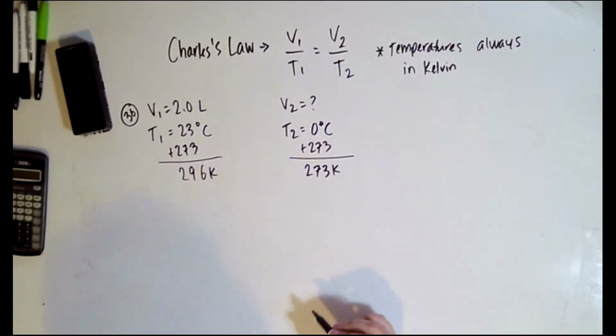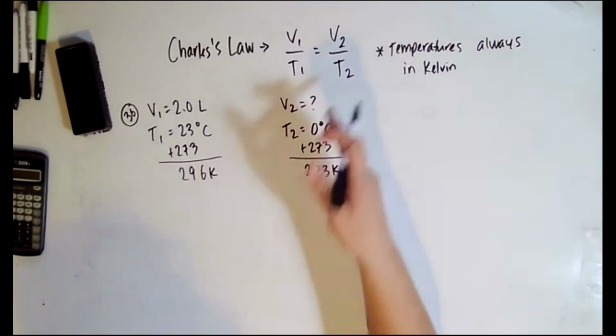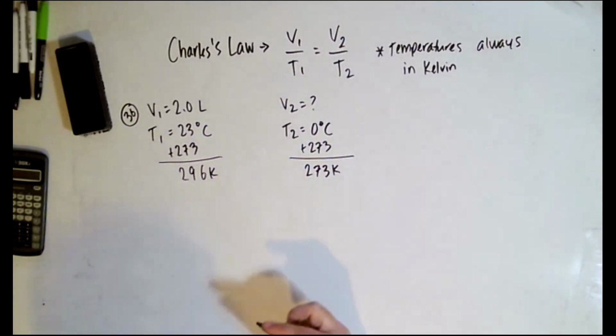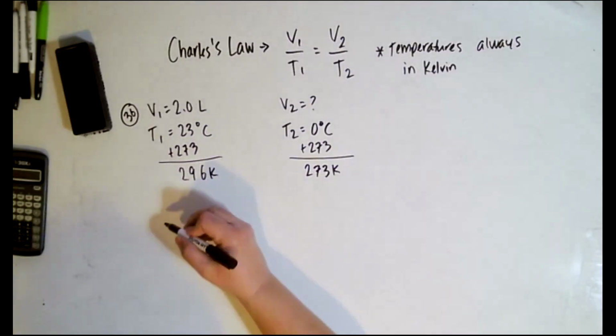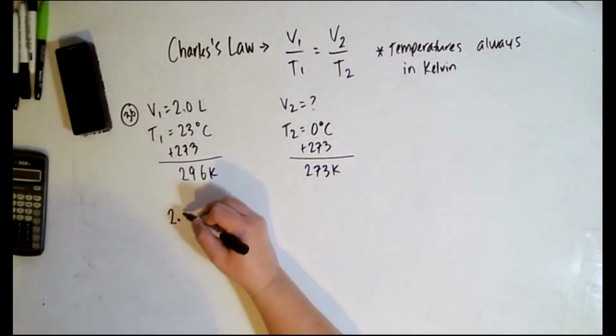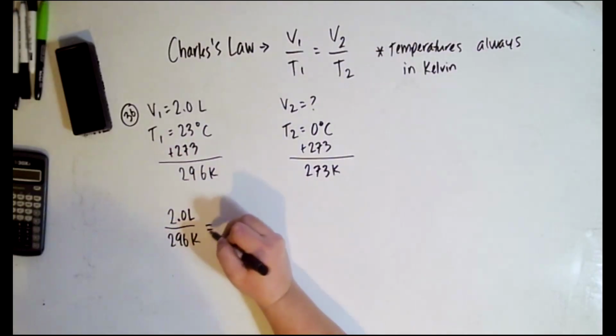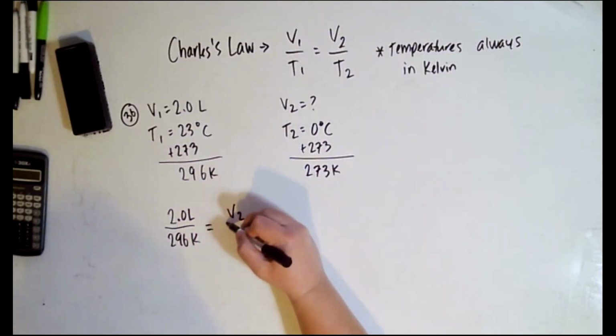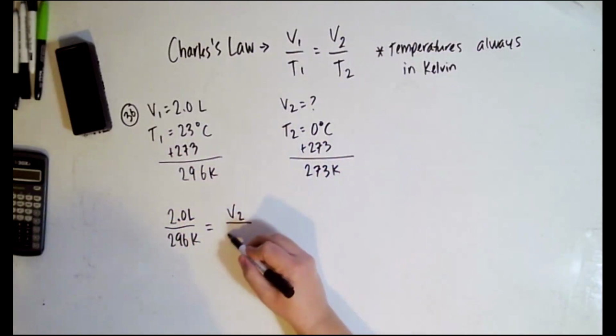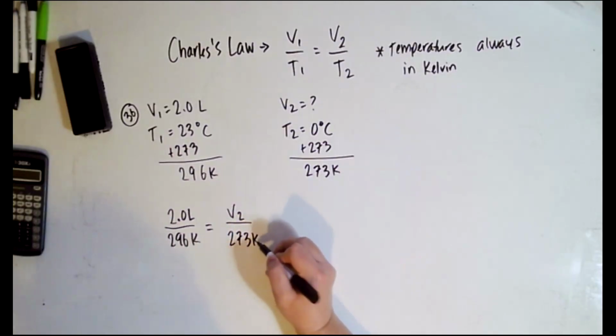Okay. And then we can plug in and figure out our problem here. So we have our V1 is going to be 2 liters. Our T1 is going to be 296 Kelvin. Our V2 is going to be our question mark, and our T2 is going to be 273 Kelvin.